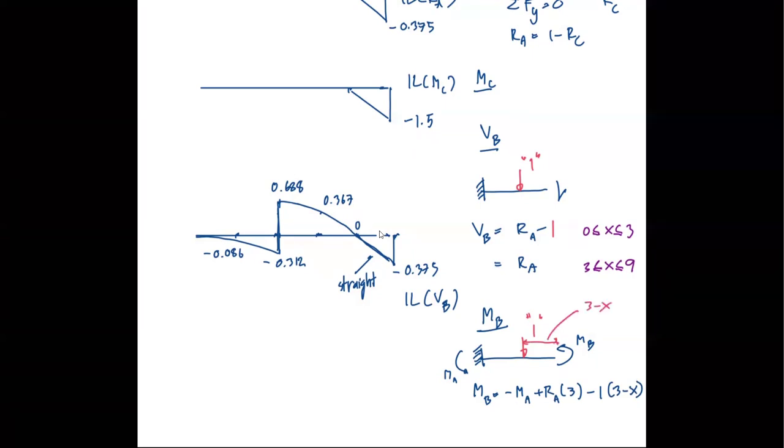And this is valid when X is between 0 and 3. Of course, it is equal to minus MA plus RA multiplied by 3 once the unit load leaves the free body diagram. So this is from 3.